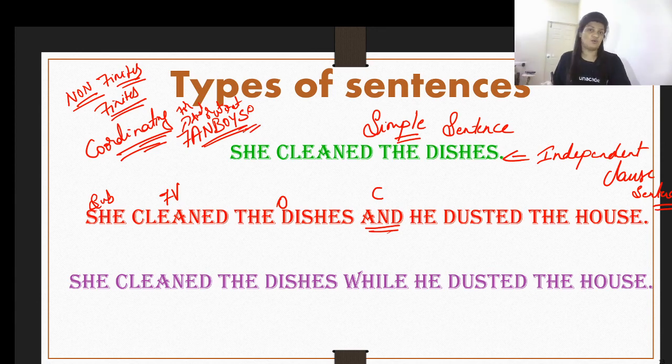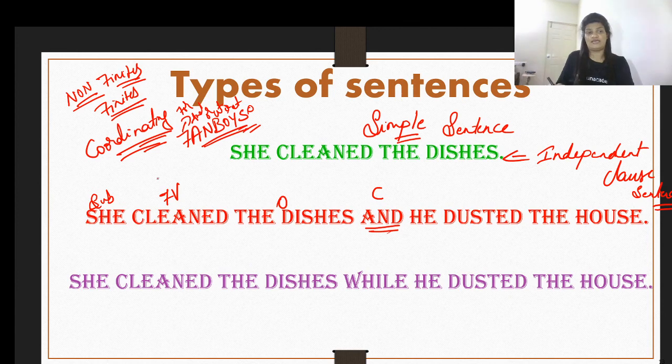These are our coordinating conjunctions. What is their function? The function of coordinating conjunctions is to combine two independent clauses.